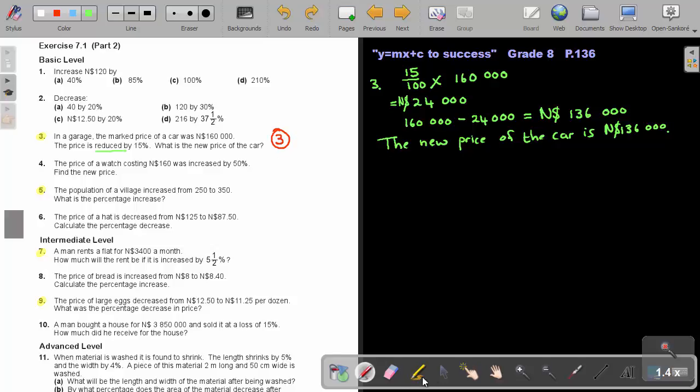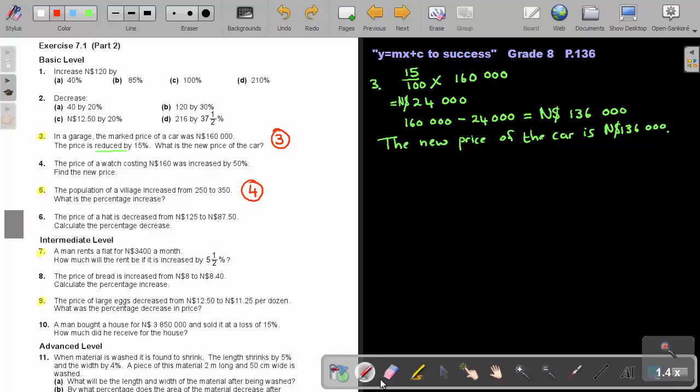Now, let's read number 5. The population of a village increased from 250 to 350. What is the percentage increase? Can you see they don't want the amount, they want the percentage increase. Then it's definitely like the last one we did, which was classified under number 4.